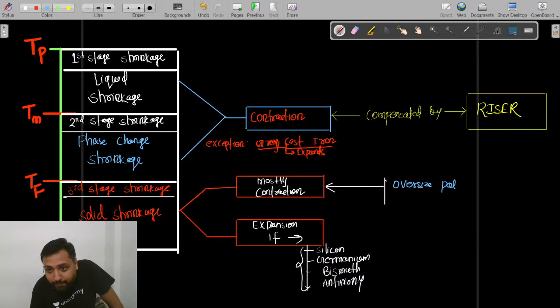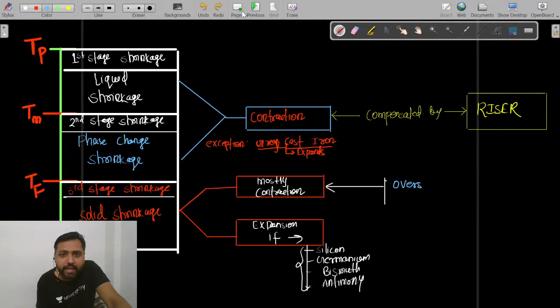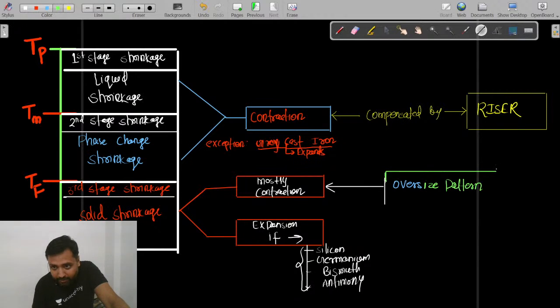Oversized pattern will compensate this third stage of the shrinkage. Yes, dear students, oversized pattern will compensate for the third stage of the shrinkage if it is contracting.